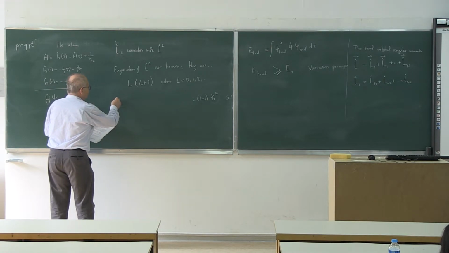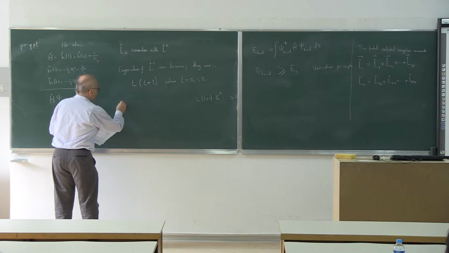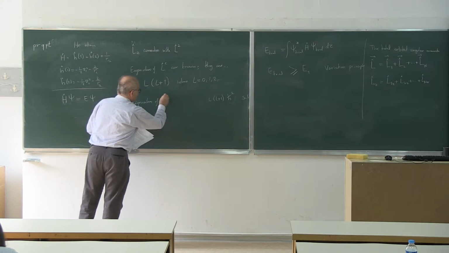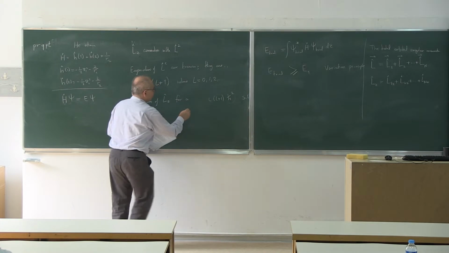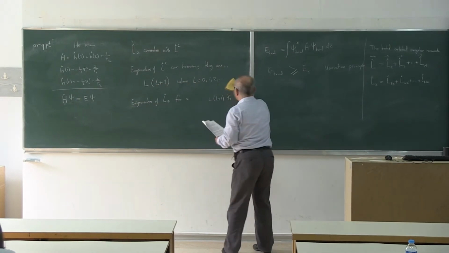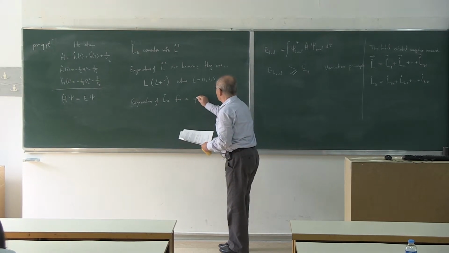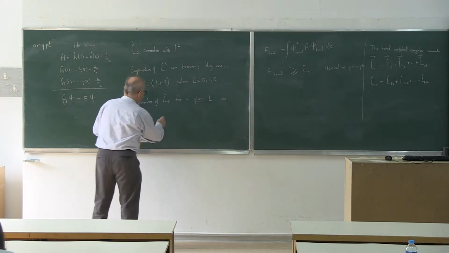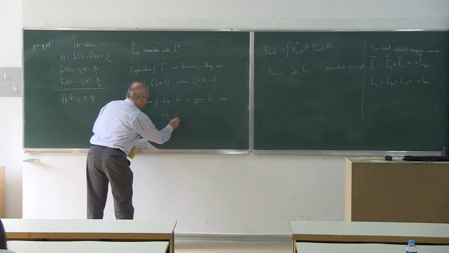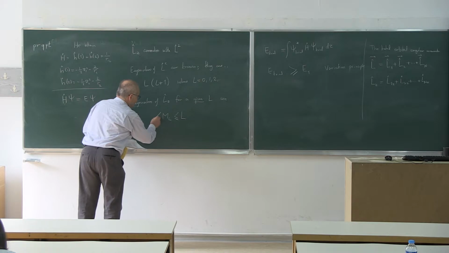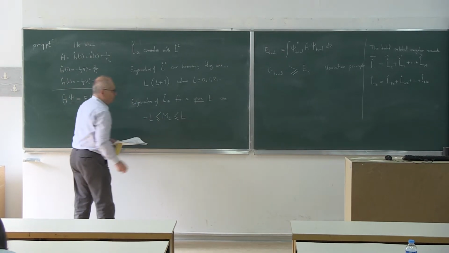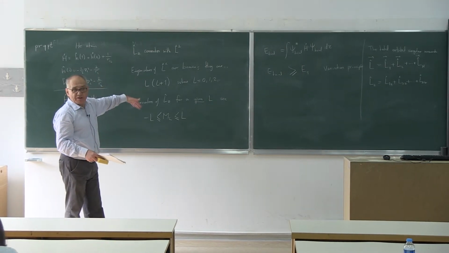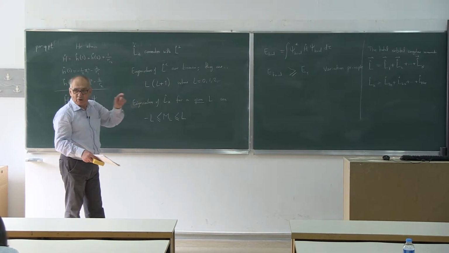Now, the eigenvalues of Lz for a given L are all integers between plus L and minus L. This information about the eigenvalues of L square and Lz is known.